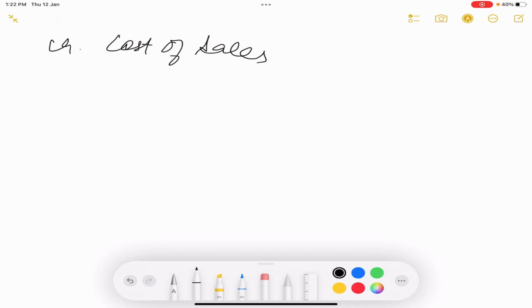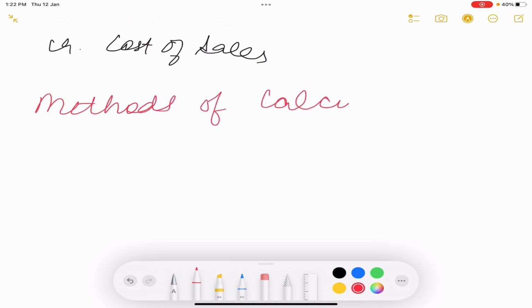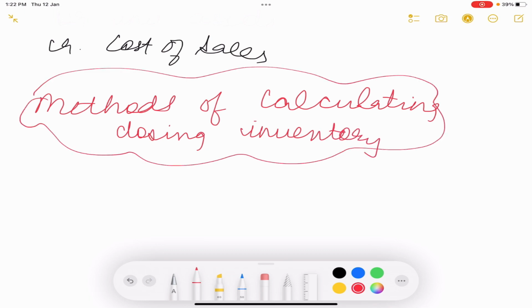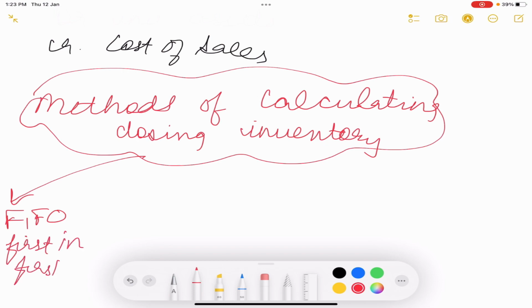After this, now we basically have the methods. The next topic was the methods of calculating inventory. The first one, if you can recall, was FIFO, which is first in and first out, right?